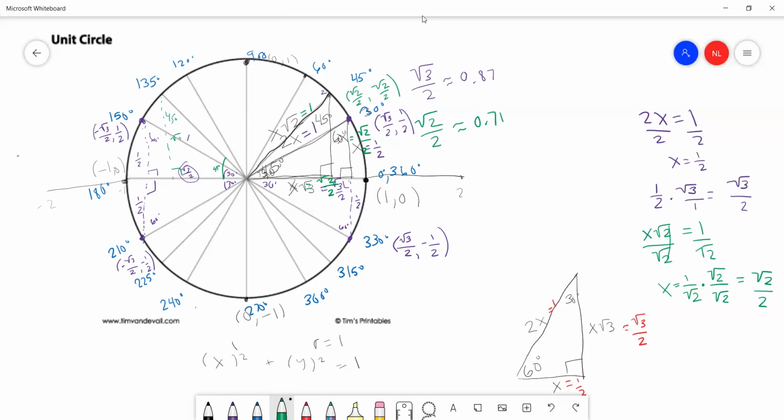I know my side lengths are √2 over 2 and √2 over 2. So what are my coordinates? Well, I went to the left √2 over 2, so it's negative √2 over 2. And I went up √2 over 2, so positive. Again, if you'd like to pause the video at this point, you can see if you can do 225 and 315 on your own.